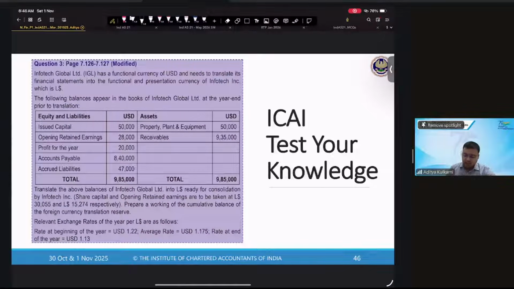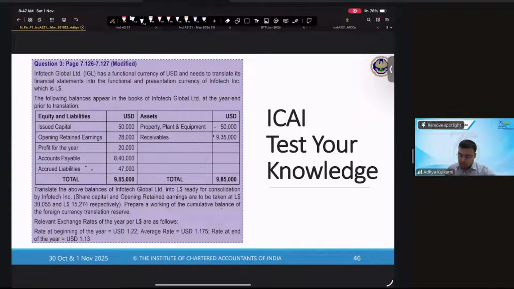Issued capital $50,000, opening retained earnings, profit for the year, accounts payable and liabilities. Property, plant, equipment 50,000, receivables 9,35,000. Translate the above balances of Infotech Global into L dollar ready for consolidation by Infotech Inc. Share capital and opening retained earnings to be taken at L dollar 30,055 and 15,274 respectively.